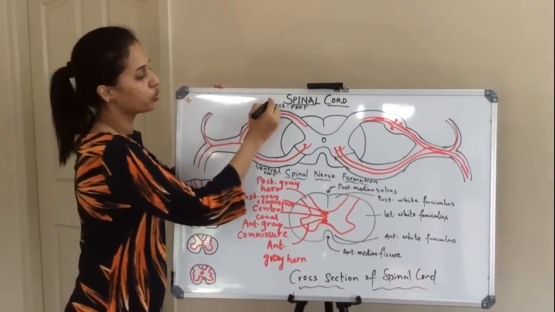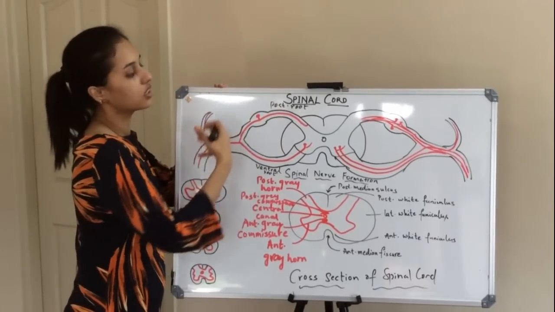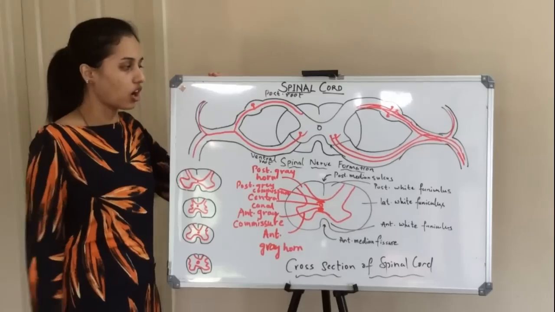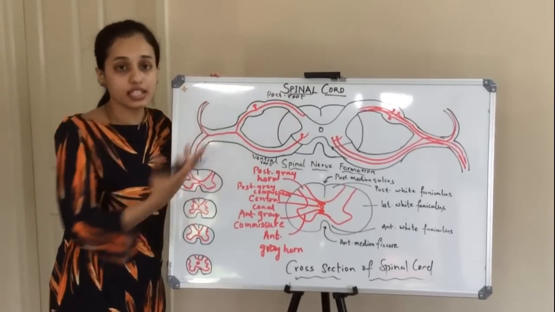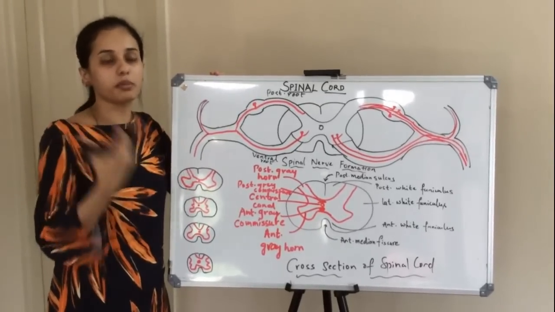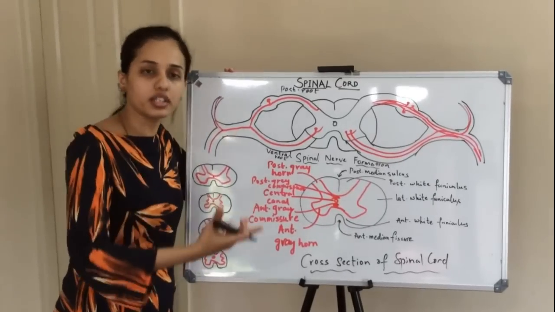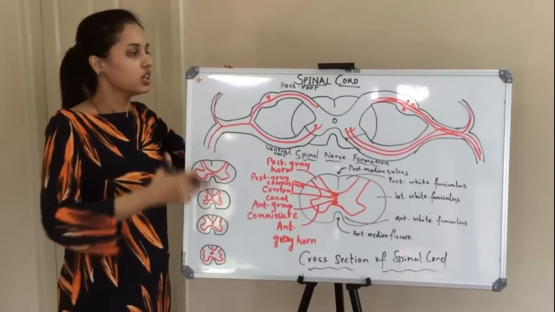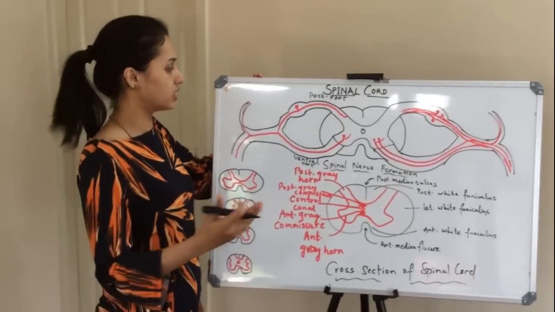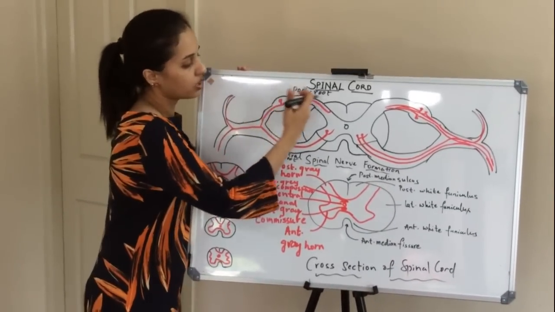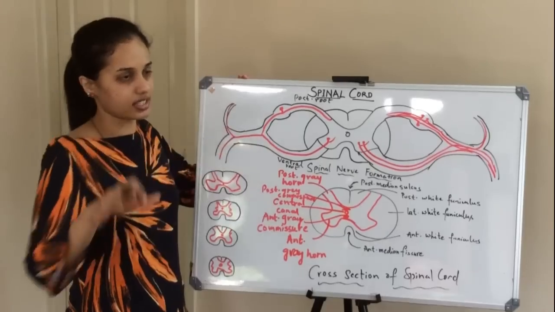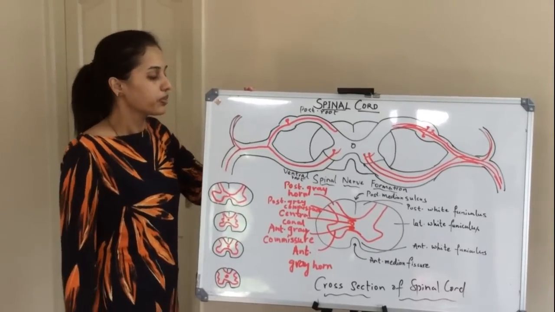The posterior root carries the afferent fibers which are going towards the spinal cord, that is carrying the different sensations of our body, which includes pain, touch, temperature, vibration, two-point discrimination, proprioception. So different types of sensation, which I will be talking about later. Those travel through the posterior root and enter the spinal cord, and then they are segregated and sorted out.